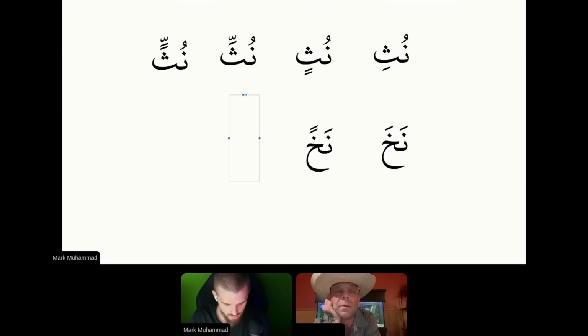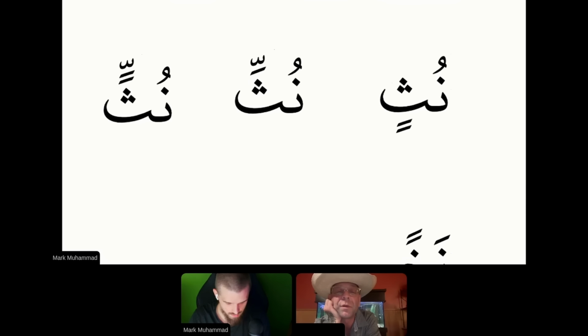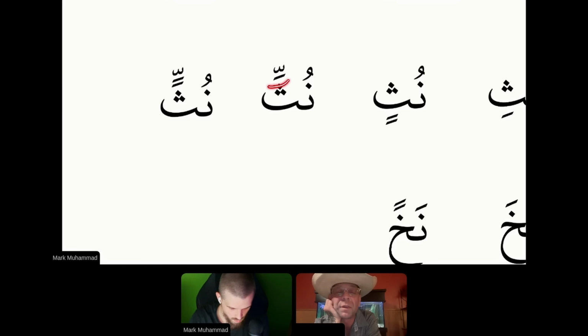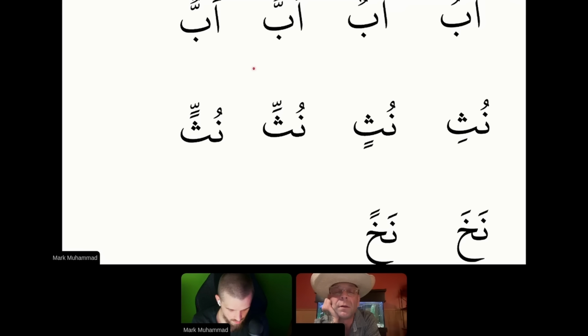So we're doing the third one, right? We're doing this one. This is only one, but it's underneath it, isn't it? So when we look at this symbol, we need to know, is there a vowel above it, or is there a vowel below it?